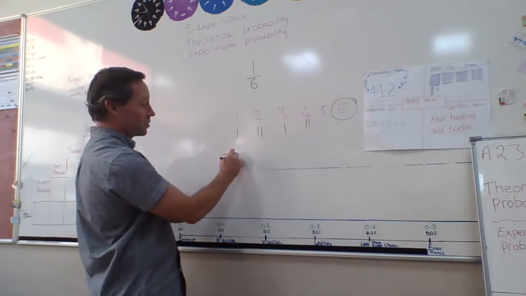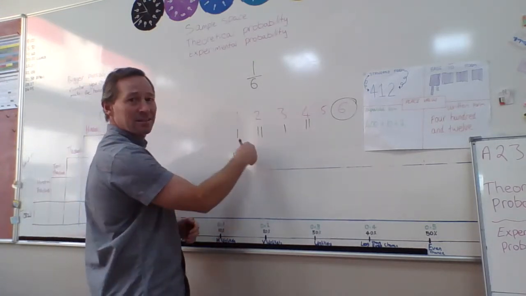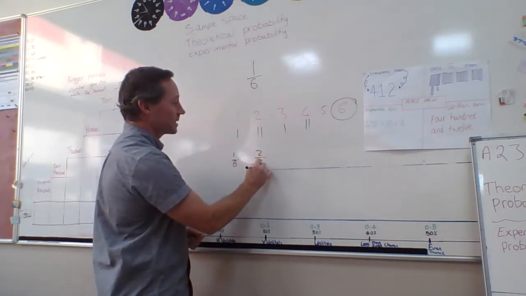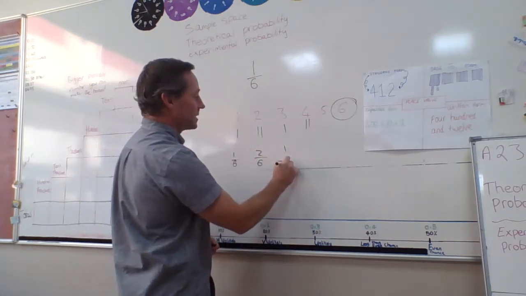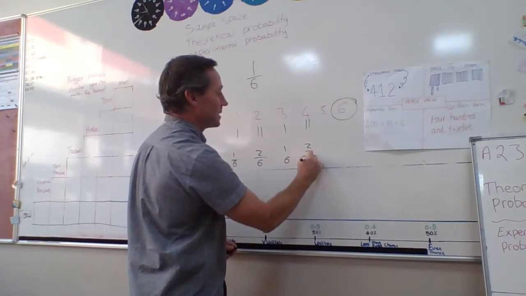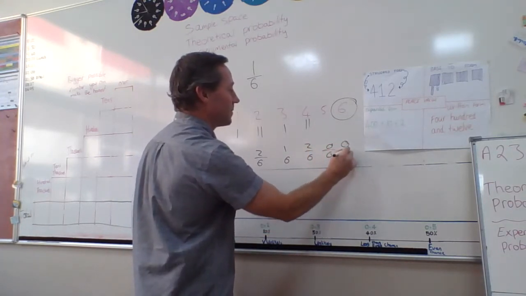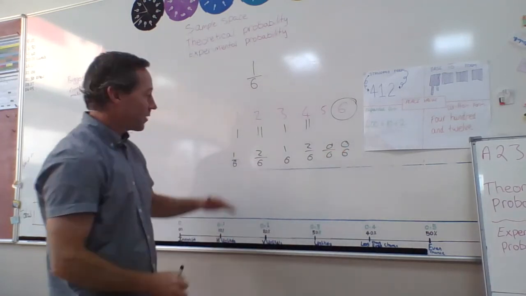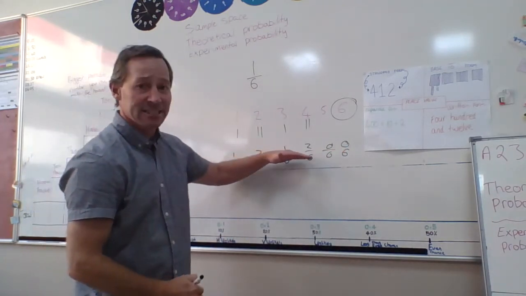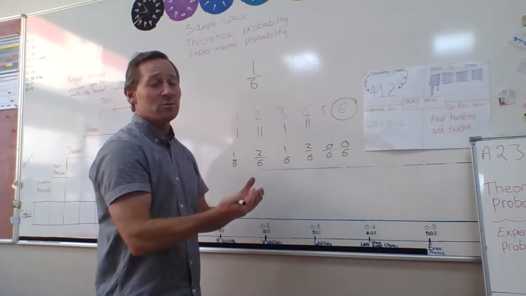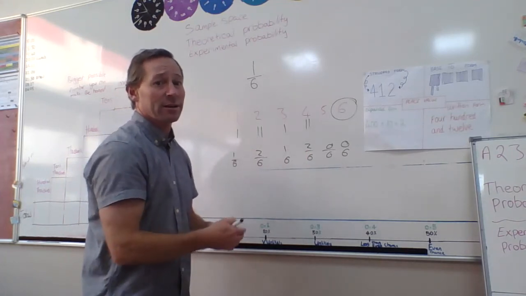I rolled a 1, which is 1 out of 6. This one, I landed 2 times out of 6. 1 out of 6, 2 times out of 6. And for these ones, 0, 0 out of 6. So if I add them all up, it should give me 6 out of 6. So experimental is different to theoretical.